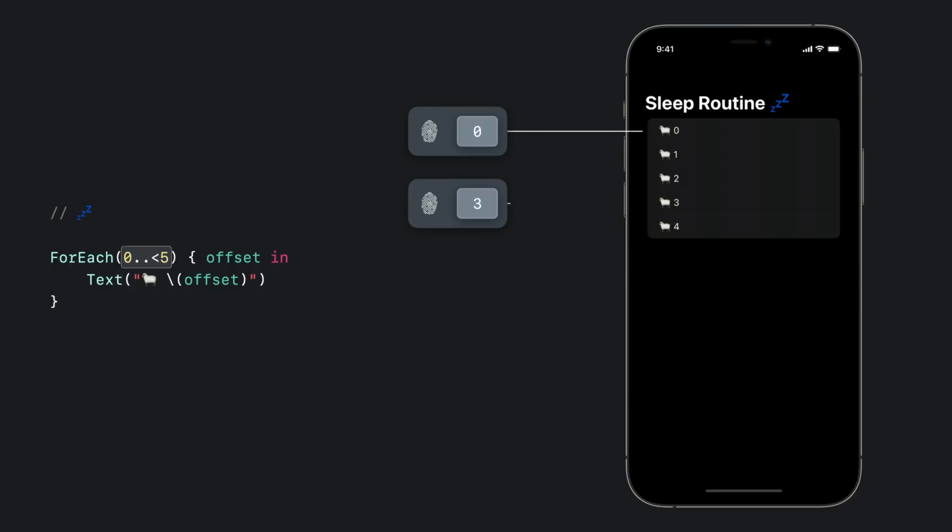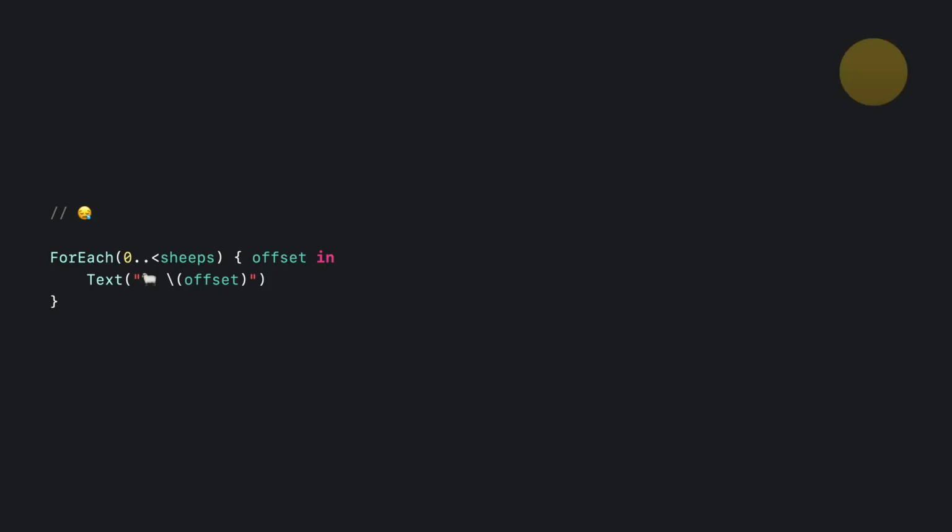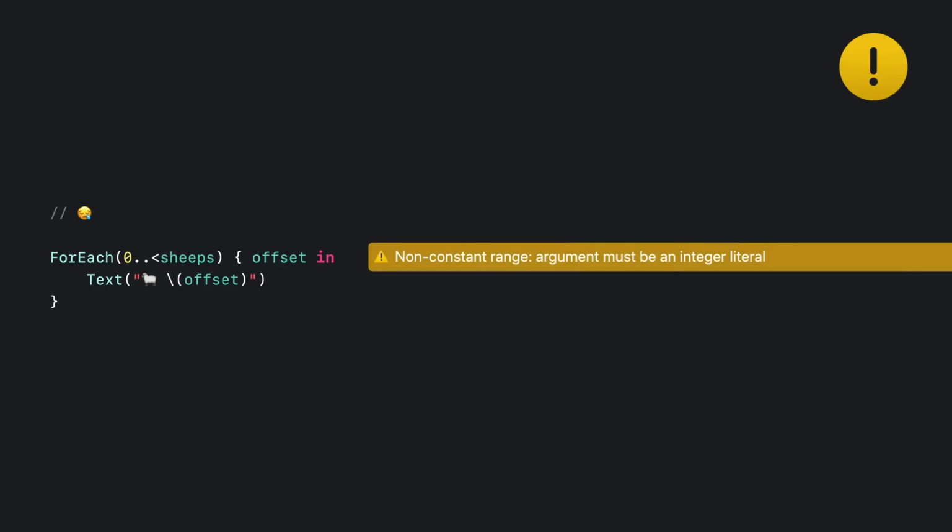SwiftUI is going to use the offset in this range to identify the views produced by the view builder. By requiring a constant range, we guarantee that the identities are stable for the lifetime of the view. In fact, it is an error to use this initializer with a dynamic range. And new this year, you will see a warning when providing a non-constant range.